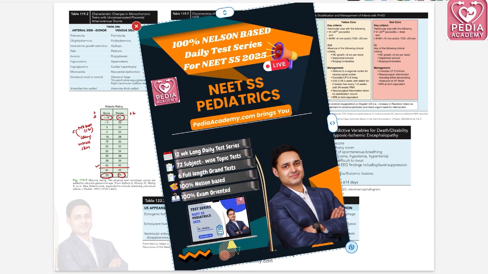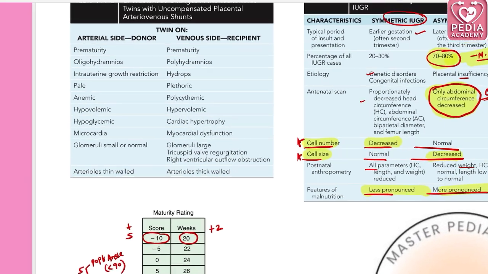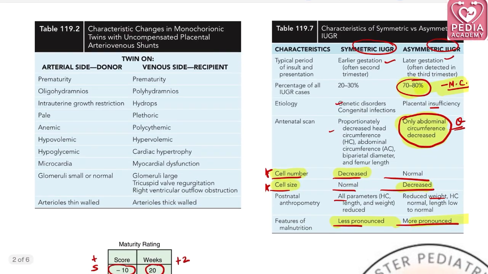Okay, so without further delay, let's start our discussion of today, which is twins. Twinning at arterial side: one twin is called the donor and another twin is called the recipient. In this scenario, we have to see some features of both.